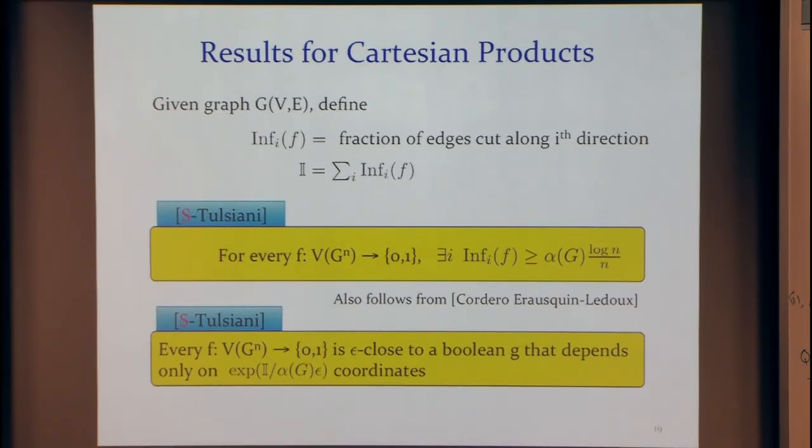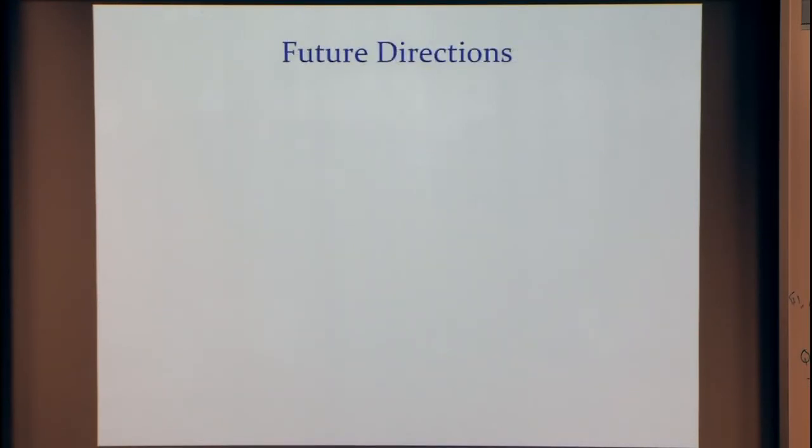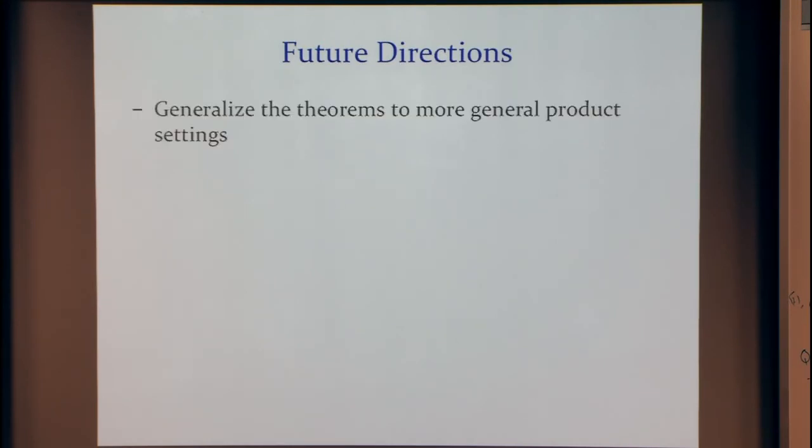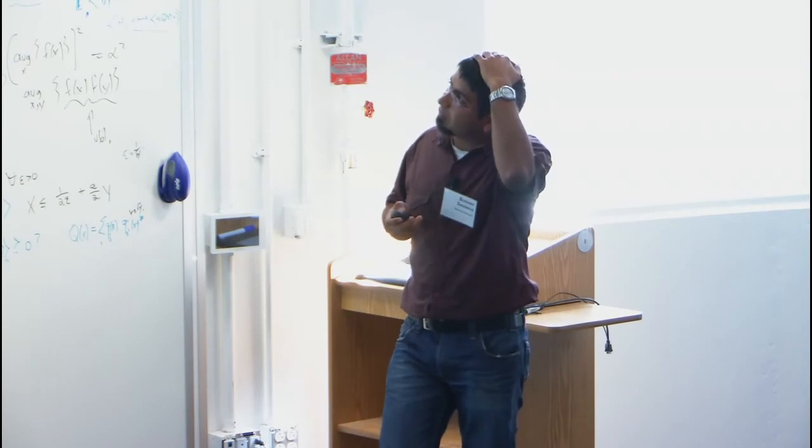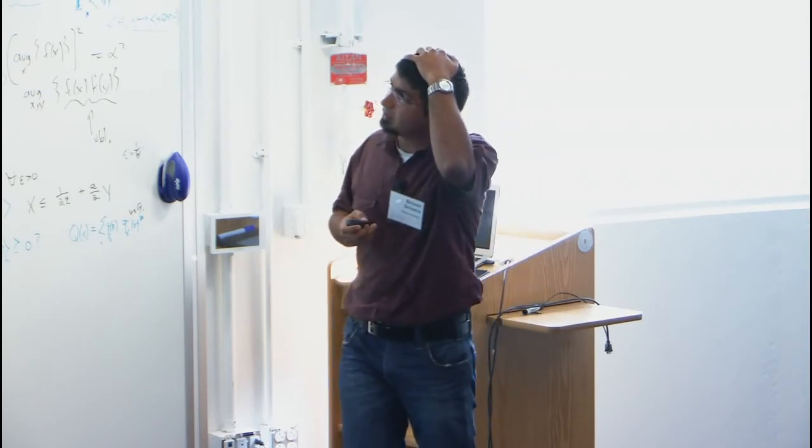What are the ways we can try to extend this? One important question is whether there are more general product settings where you can obtain these theorems. But maybe something more interesting is what about non-product settings?